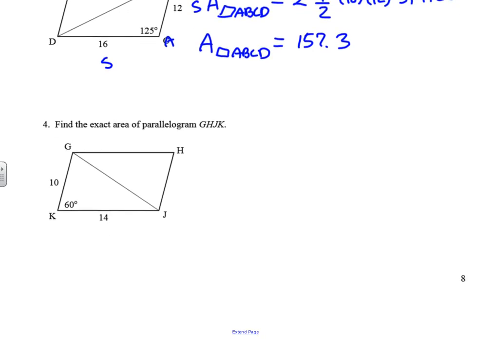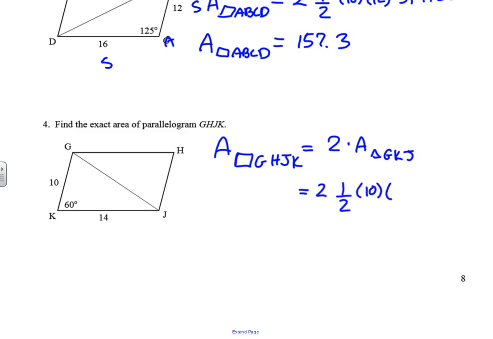Same concept here, and number 4, our last one: the area of parallelogram GHJK would equal 2 times the area of triangle GKJ. Again, this is side, angle, side, so it's 1/2 times 10 times 14 times the sine of 60.